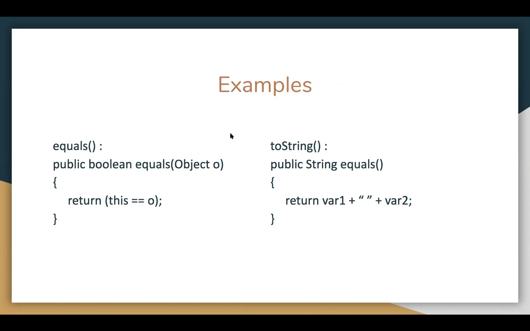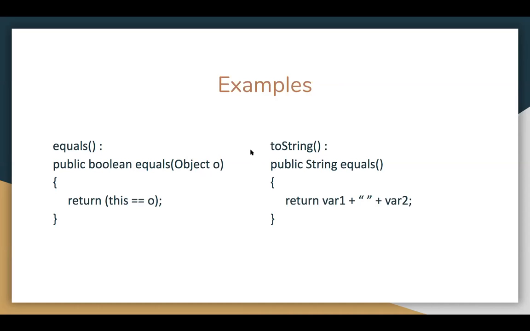Examples. These are examples of how you might write each of these methods. You can see here that I can have a method public boolean equals(Object o). And again, since object is a superclass of all classes, you can also use that as a type. So that's why you can write Object o. So you can return this.equals(o). By saying this, you're basically saying, is this value equal to the object that you pass in.